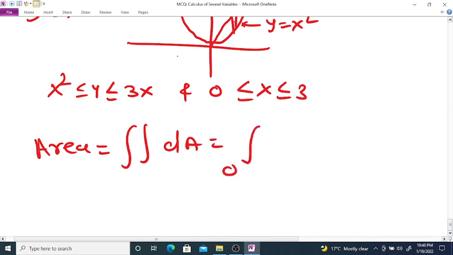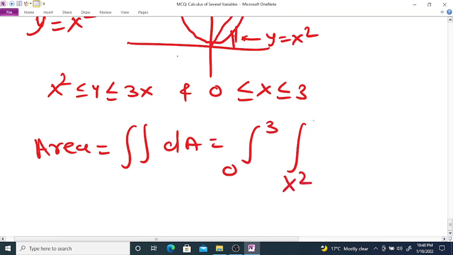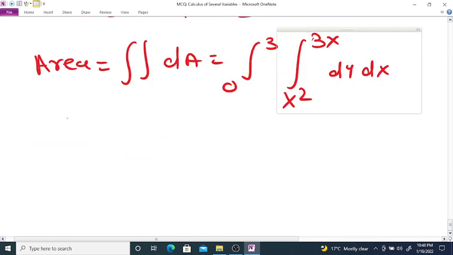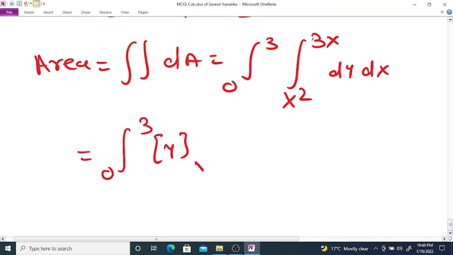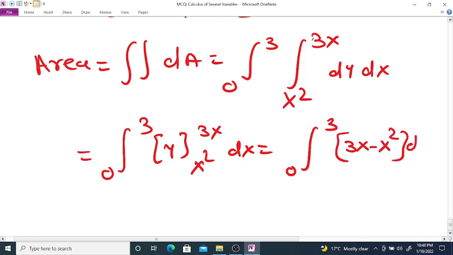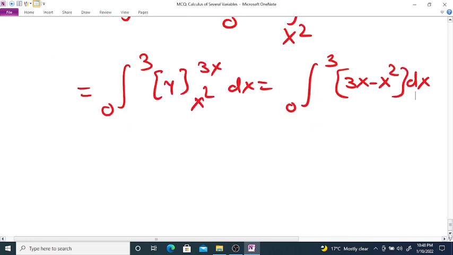which is equal to the integral from 0 to 3, from x square to 3x, of dy dx, which is equal to, since the integration of dy is y, the integral from 0 to 3 of (3x minus x square) dx. Now we want to take the integration with respect to x.